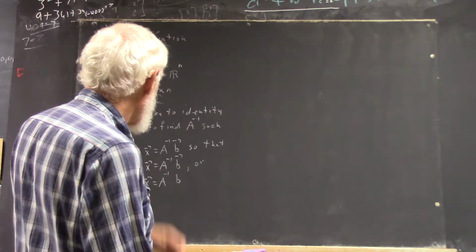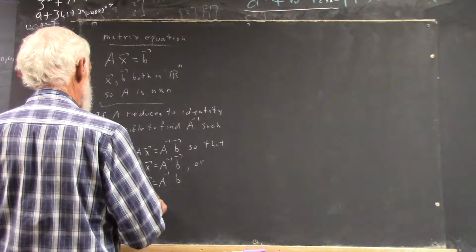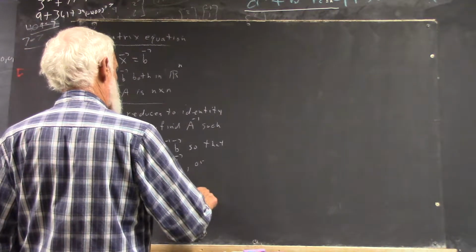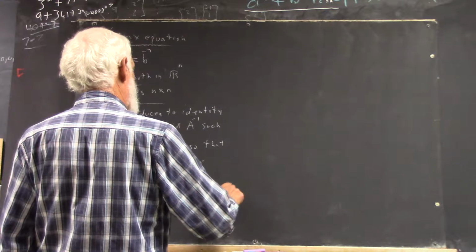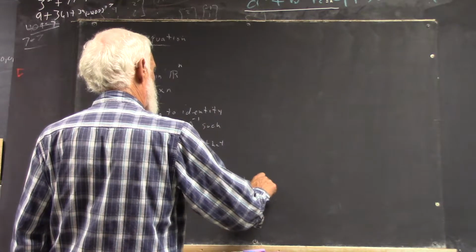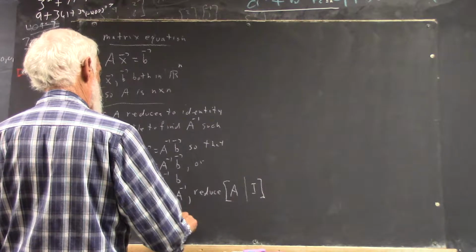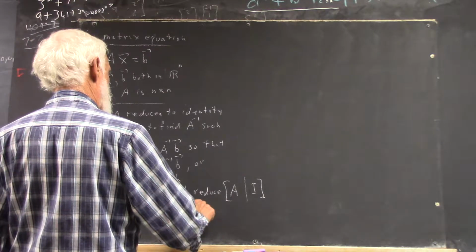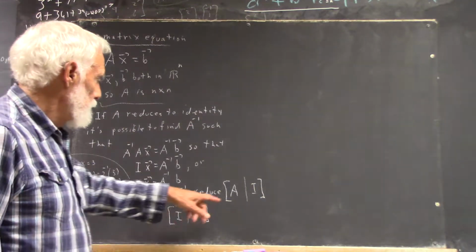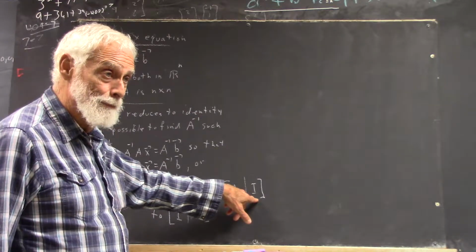So you just reduce the matrix you get if you have the A matrix here and the I here.